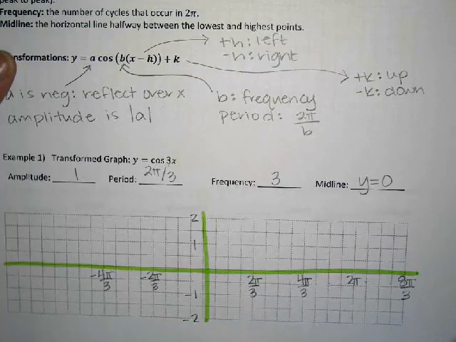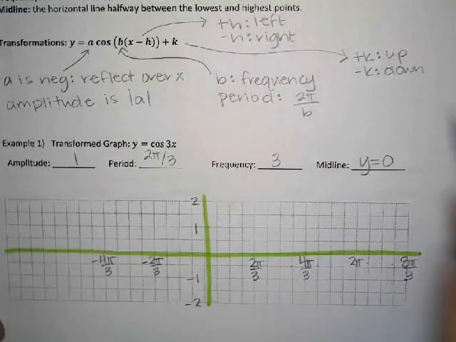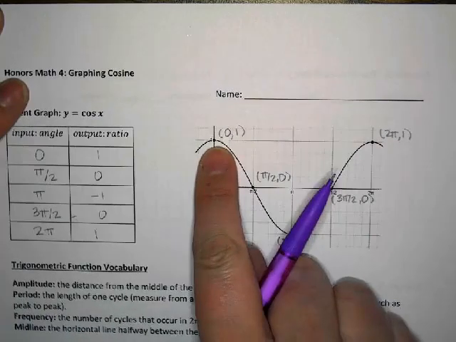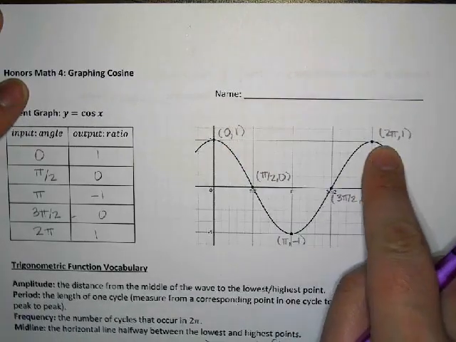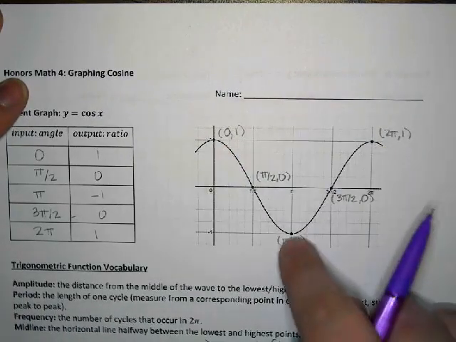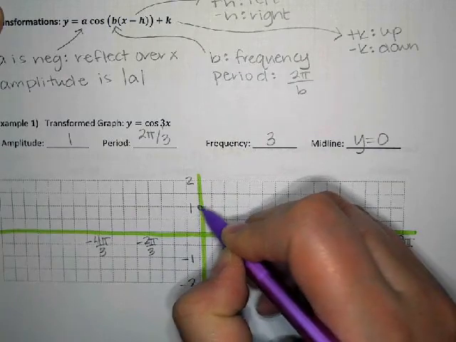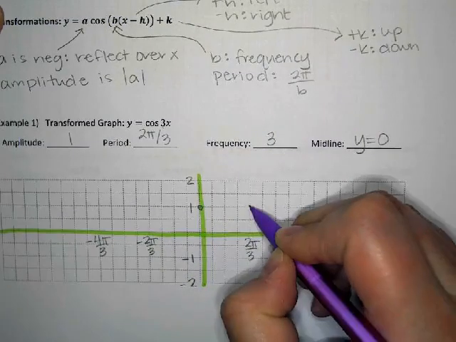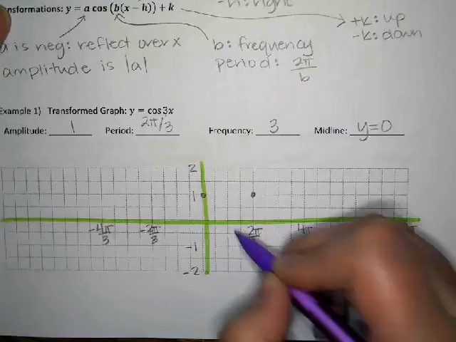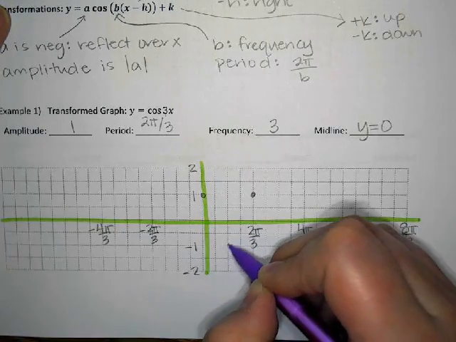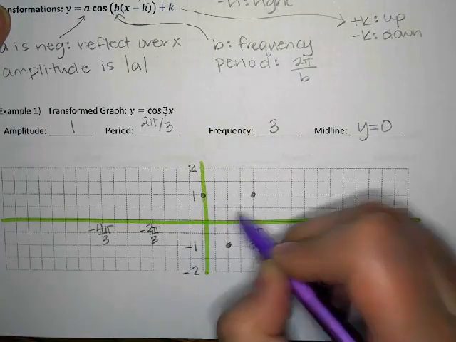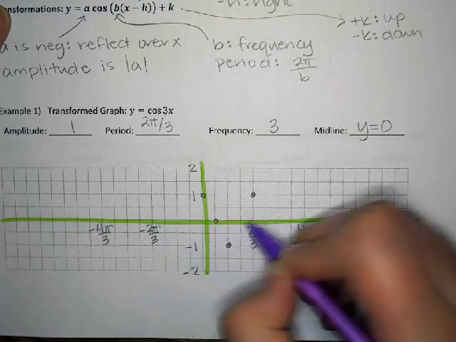Okay, so what we're going to do, because this is a positive graph, that means that we're going to be starting at the maximum, ending at the maximum, hitting the minimum in the middle. So I'm going to start up at the maximum with an amplitude of 1. I'm going to end at the maximum with an amplitude of 1. I'm going to hit the minimum in the middle, and then between those 2 points, I'm going to cross the midline.